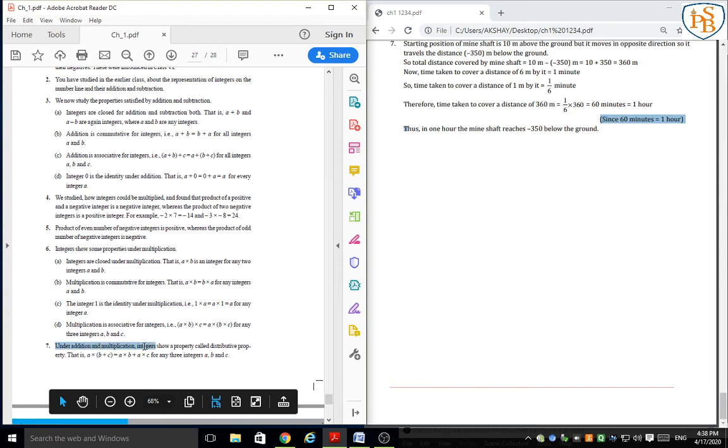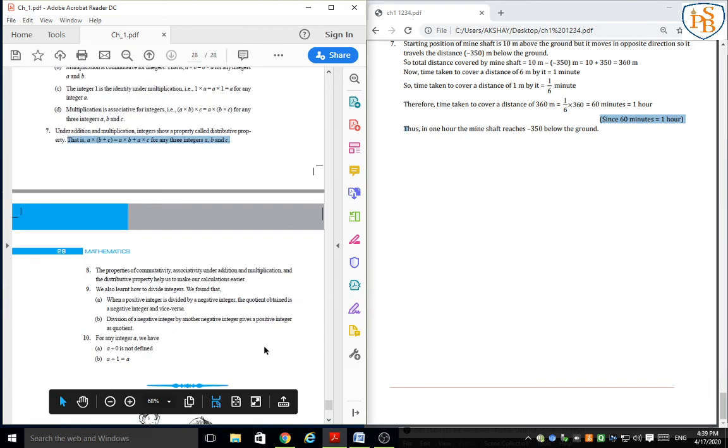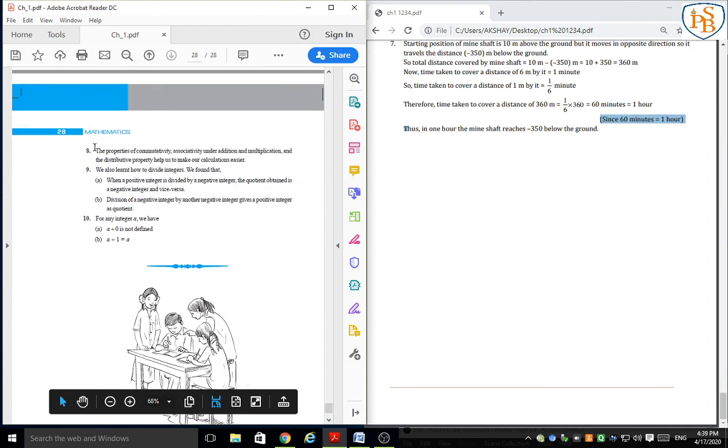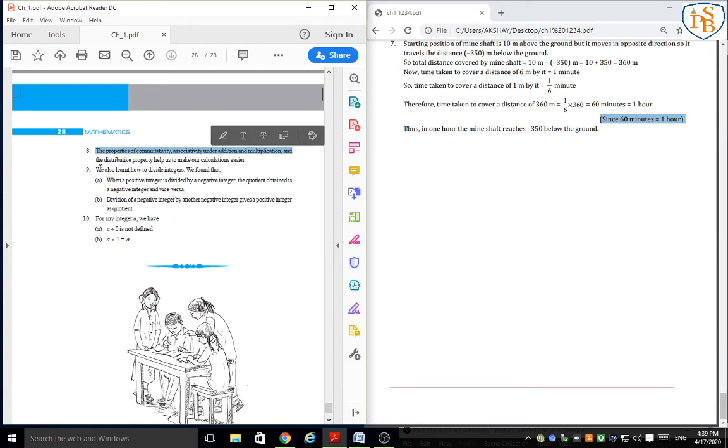Under addition and multiplication, integers show the property called distributive property, that is a into (b plus c) is equal to a into b plus a into c for any three integers a, b and c. The properties of commutative, associative under addition and multiplication and distributive property help us to make our calculations easier.